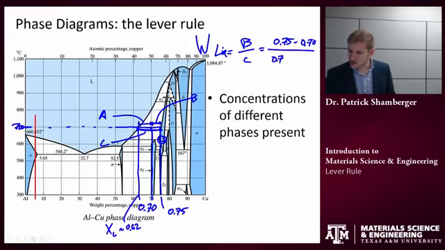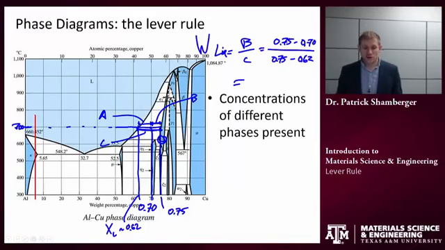C is 0.75 minus 0.62. Always make sure that this comes out to be a positive number because a negative fraction doesn't make sense in this case. And so if I calculated that out, that would give me the weight fraction of the liquid. So all of this stuff we did for the very simple isomorphic binary phase diagram is perfectly applicable to a more complicated phase diagram as well.